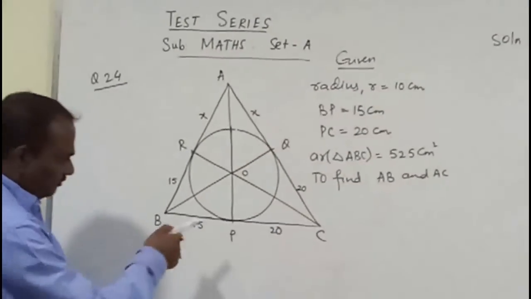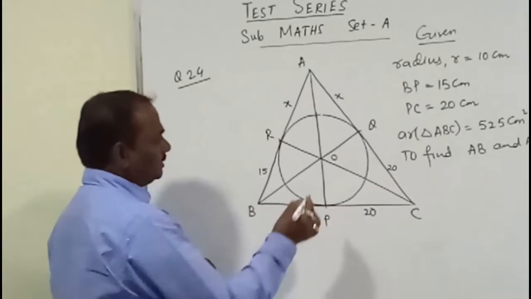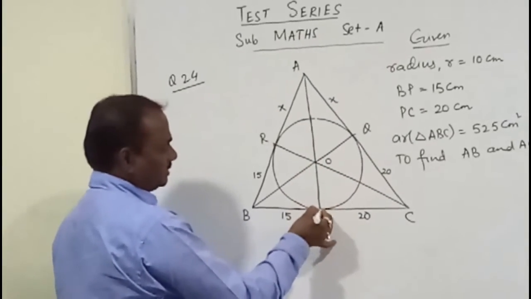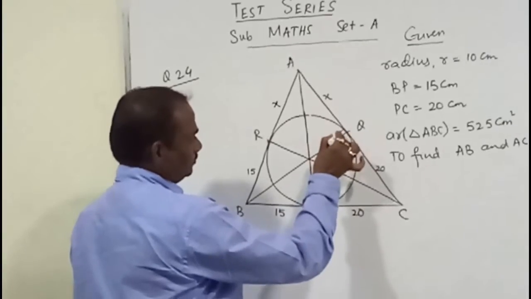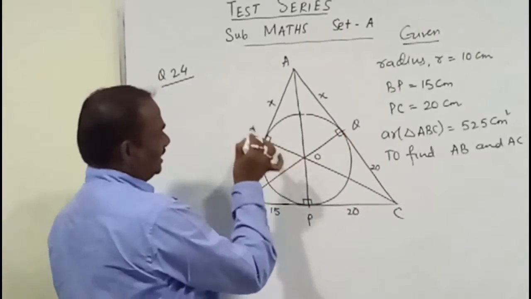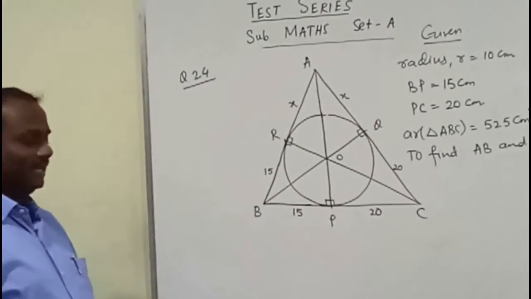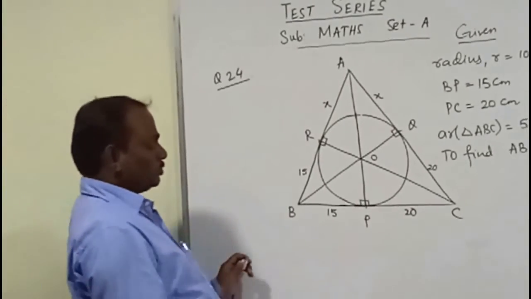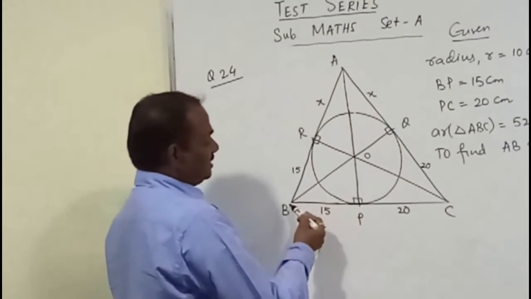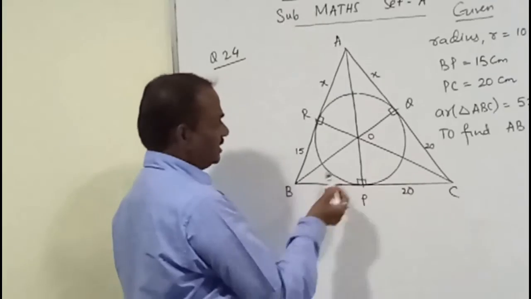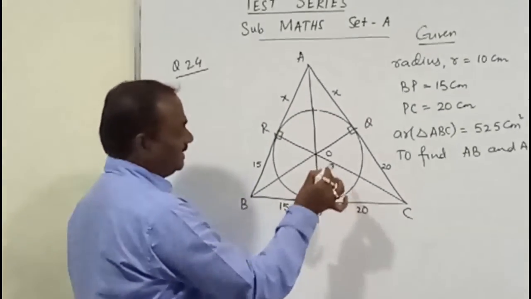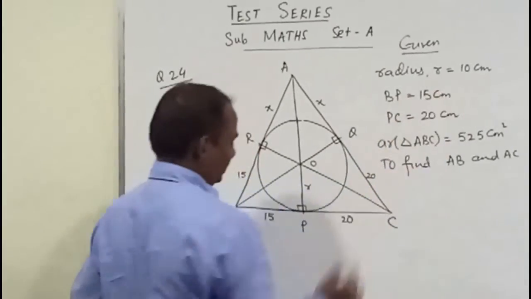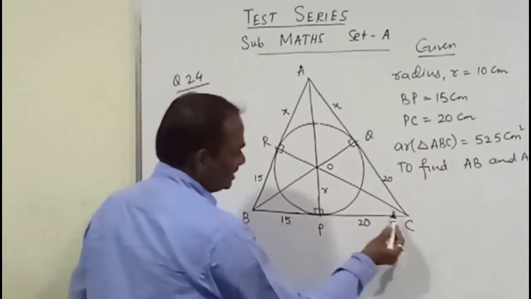Now, if I look into one more thing, here OP is the radius and this is the tangent. So this is perpendicular by using the property that the radius is perpendicular to a tangent at the point of contact. So students, we can see that triangle BOC is a triangle which has an altitude equal to the radius, and the radius is given as 10, and the base is BC.